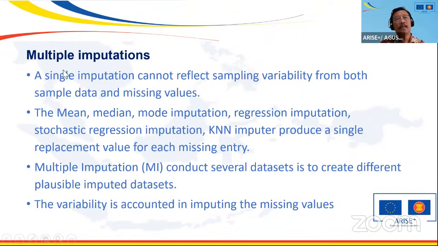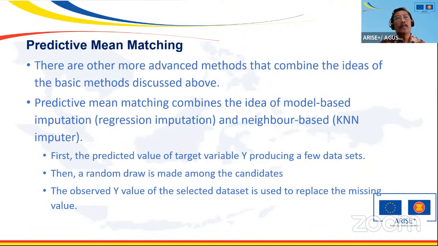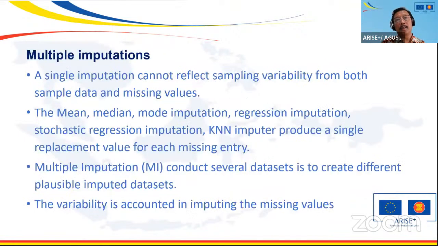And those so far are talking about single imputation. But we can have PMM, predictive mean matching, or we can have regression, stochastic regression, deterministic regression or mean imputation, etc., within the algorithm of multiple imputation.